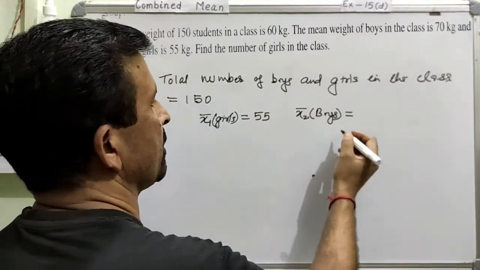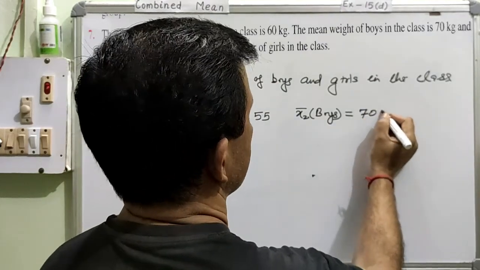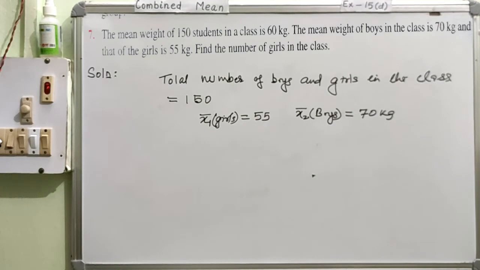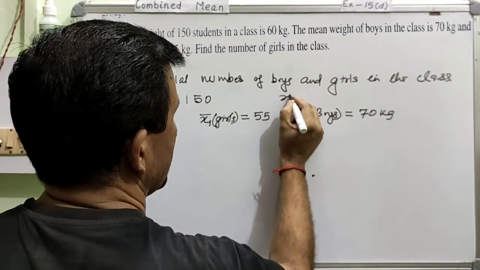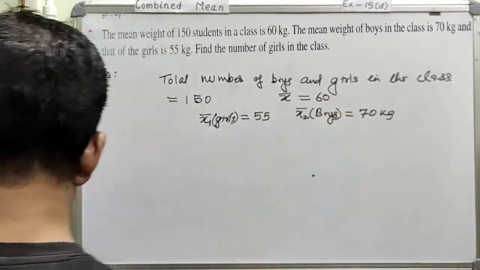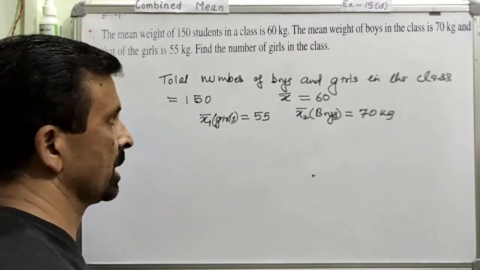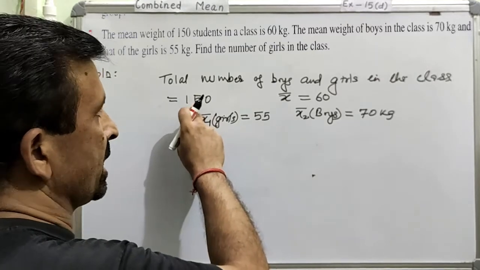Clear? And the mean weight of the boys is given as 70 kg. Is it okay? And the mean weight x bar is also given as equal to 60. The mean weight of the boys and the girls together is 60. Clear? The total number of boys and girls is 150.